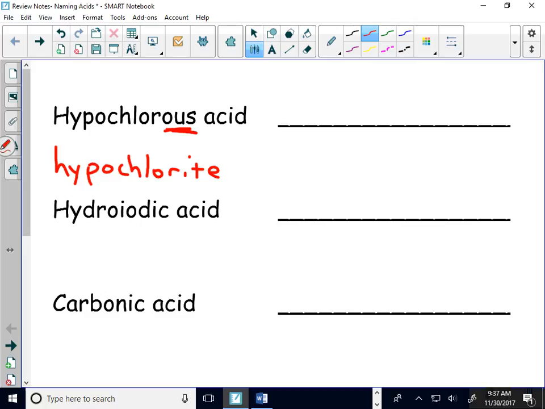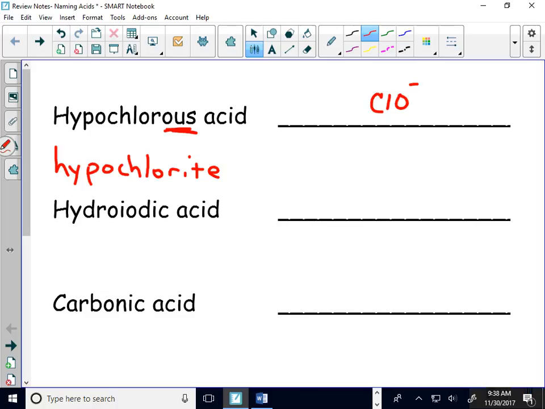What is the formula for hypochlorite? ClO. And what's its charge? 1 minus. Now, all I need to do is, since I have 1 minus, hydrogens are +1.